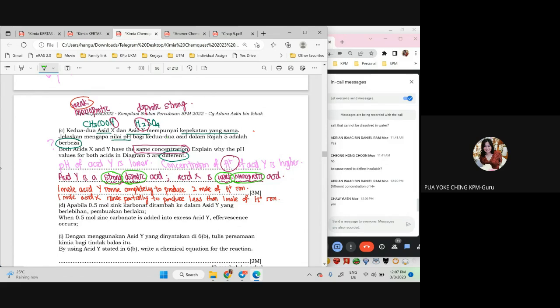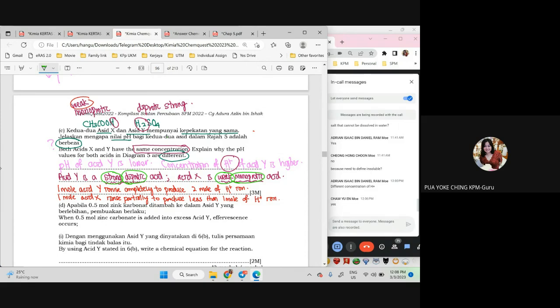Sebab there is two. Biasanya kalau soalan yang ini, they will come out the same monoprotic. Maksudnya, you will have satu ionized partially, satu ionized completely, satu higher concentration, satu lower. But because we have di and mono, we need to explain.